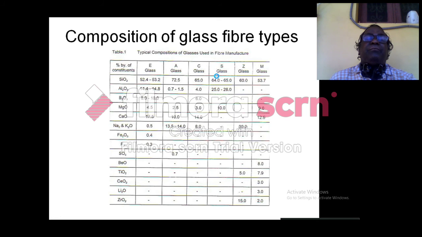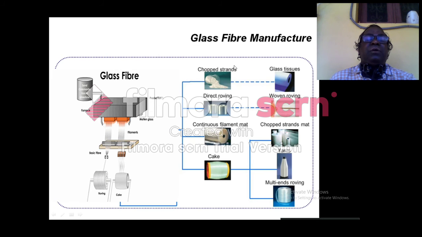And how is glass fiber manufactured? Glass fiber is the main ingredient in the composite. In the container, the furnace is there. In the furnace, the glass silica is melted, and it is passing through like filaments.